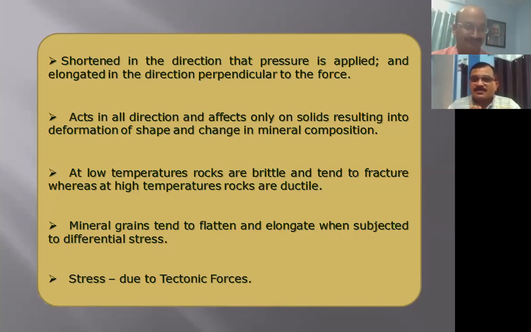If the amount of directed pressure is more, there may be chances of foliation and schistosity development, directional properties in the rock. That is why pressure is very important in metamorphic rock.